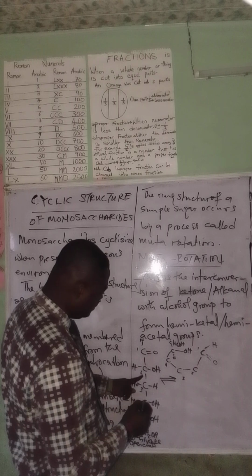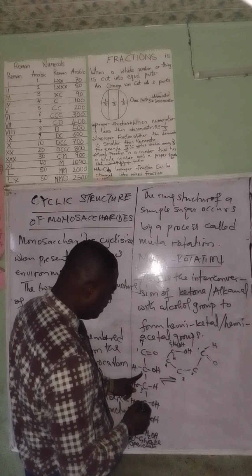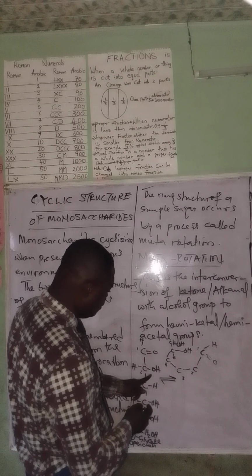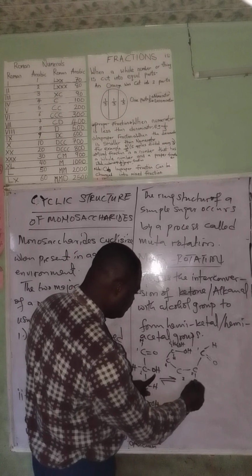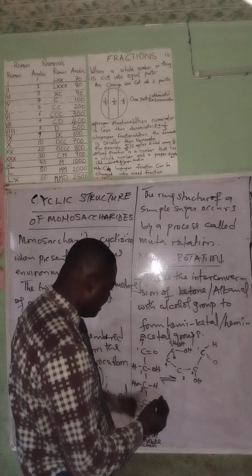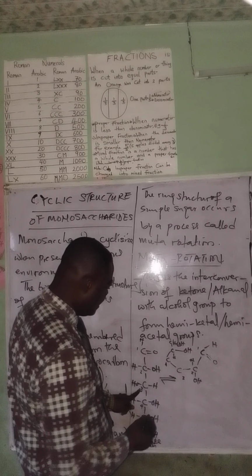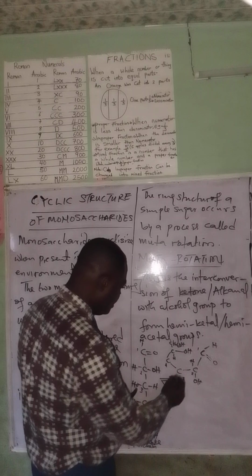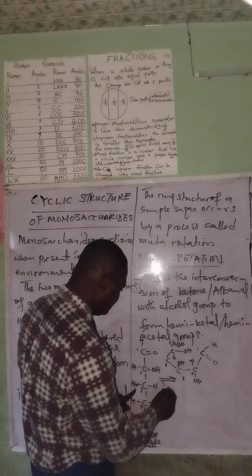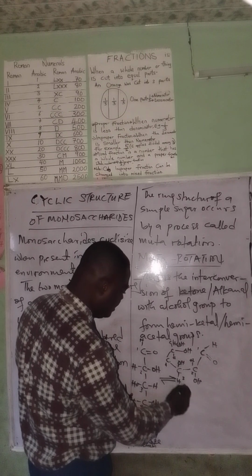Now let's go back. In carbon number 2, OH is down. Anything that is at this side is down. Anything that is here is up. Hydrogen is up. Then carbon number 3, OH is inside because it is at this side, then H is here.